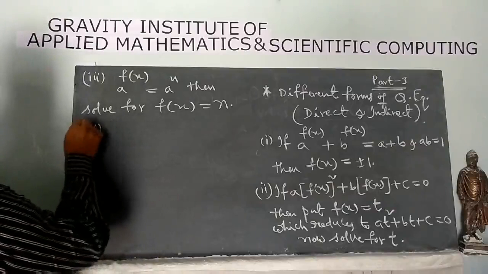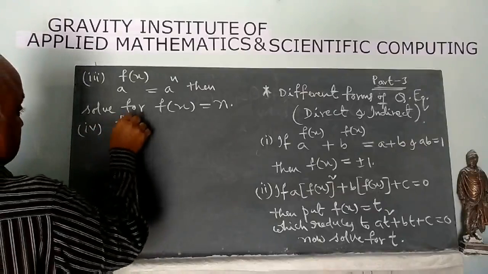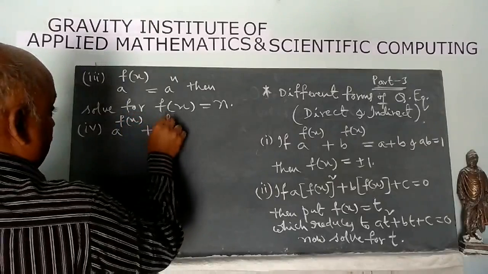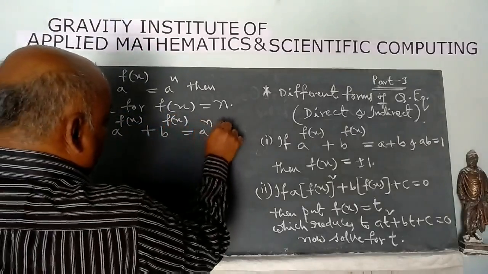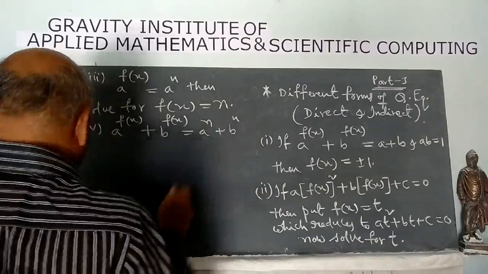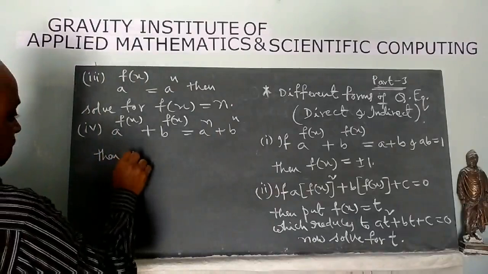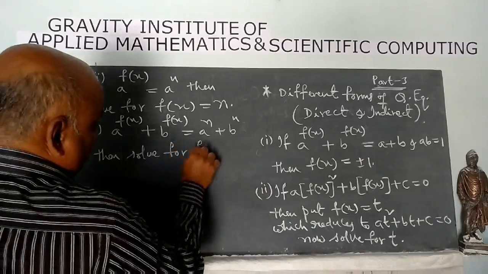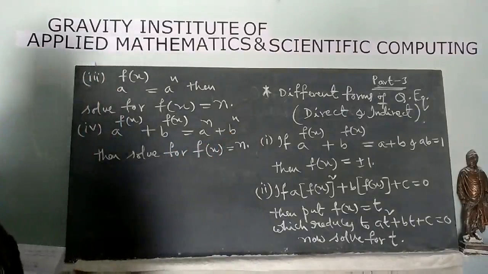Fourth point, a to the power of f of x plus b to the power of f of x is equal to a to the power of n plus b to the power of n, then solve for f of x is equal to n.